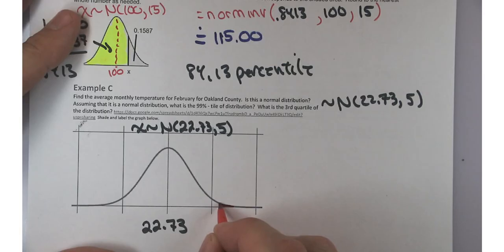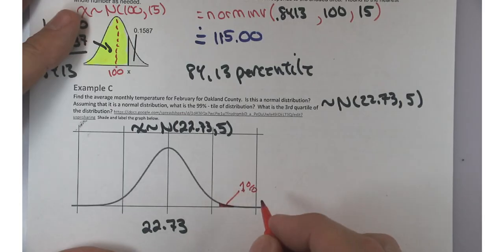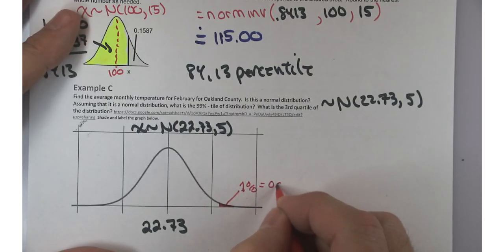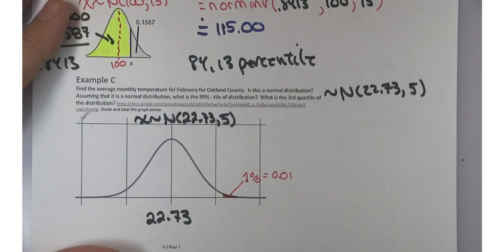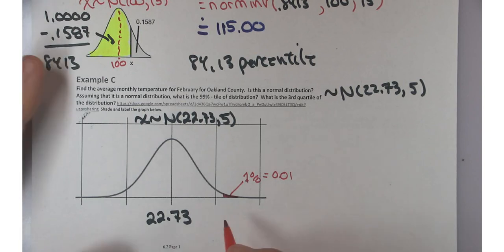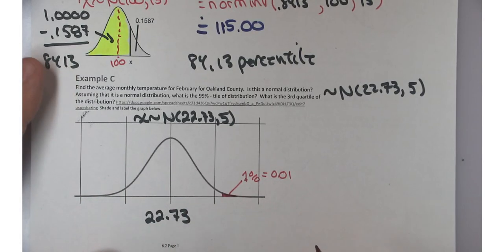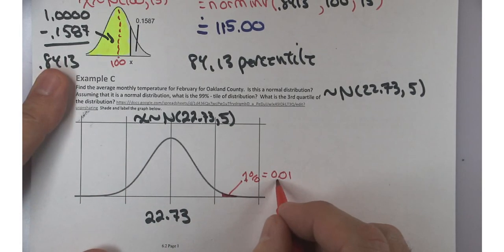It's going to be about here. 1% of the area is going to be here, or 0.01. But that's not what I want to type into Google Sheets. Why not? What do I have to type in? If I want to find what this value is on the x-axis that separates the bottom 99% from the top 1%, why don't I want to type in 0.01?